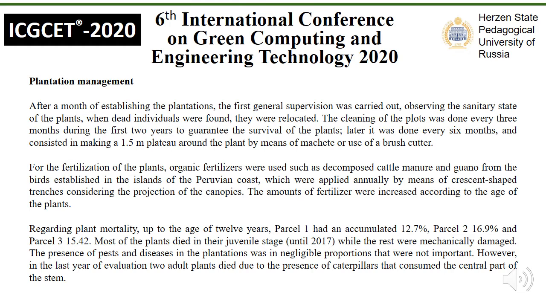The presence of pests and diseases in the plantation was negligible, in proportions that were not important. However, in the last year, 2 adult plants died due to the presence of caterpillars.